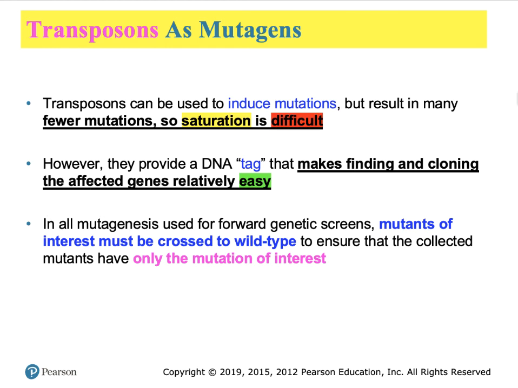Regardless of the method of mutagenesis employed, in most cases, one has to go further and perform genetic crosses in order to isolate individuals with homozygous or heterozygous configurations for the gene or genes of interest.